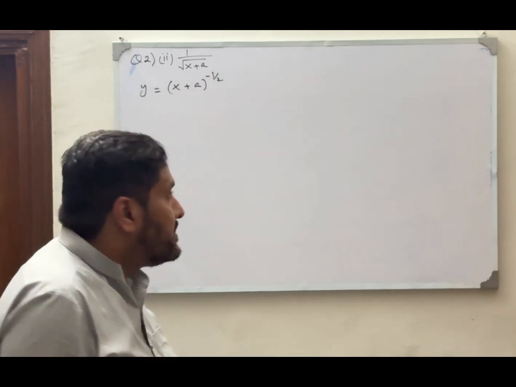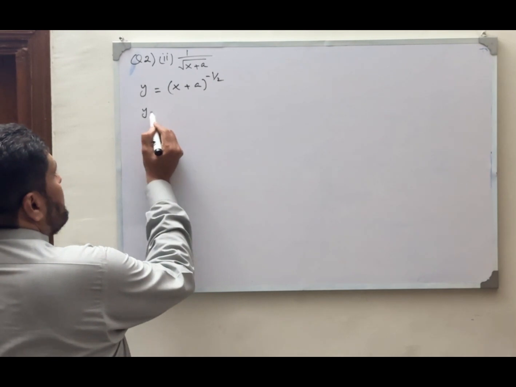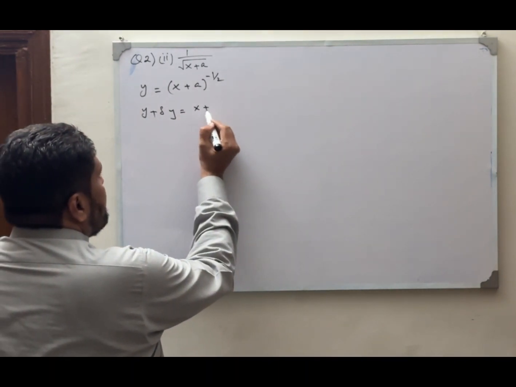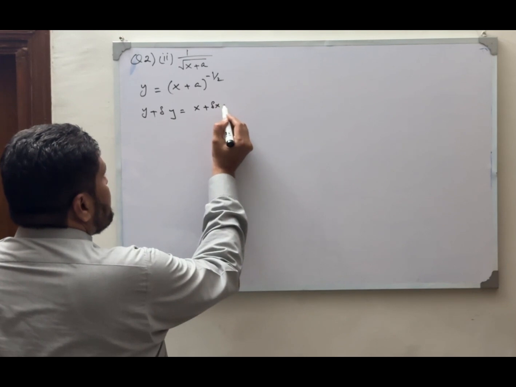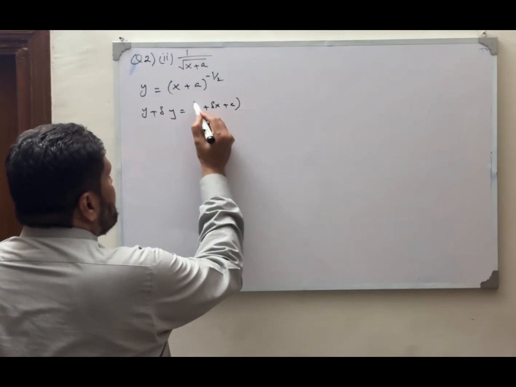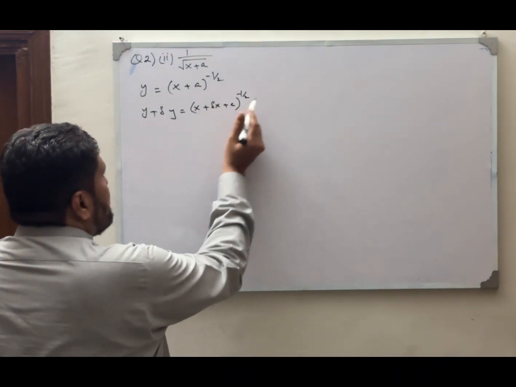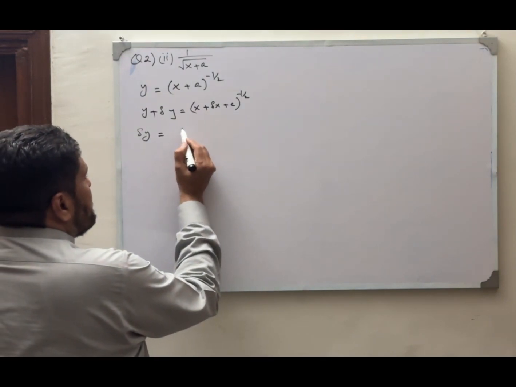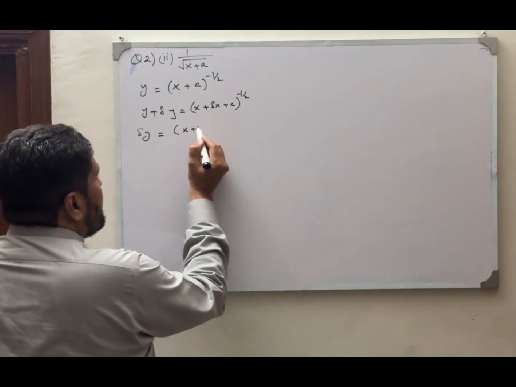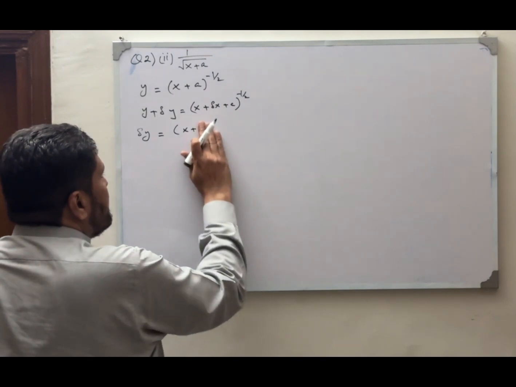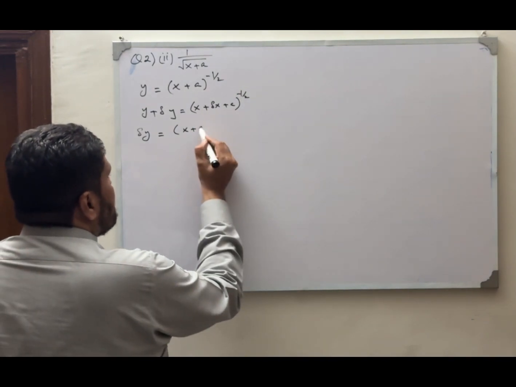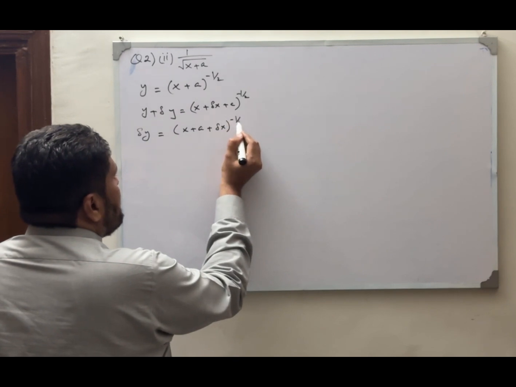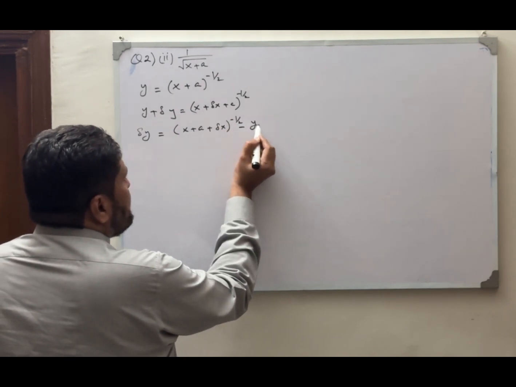So in the first step we have to take y plus delta y, that is equal to (x plus delta x plus a) power minus 1 by 2. Now taking y on the other side of the equation, that is equal to x plus, we write the a before delta x, so (x plus a plus delta x) whole power minus 1 by 2 minus y.